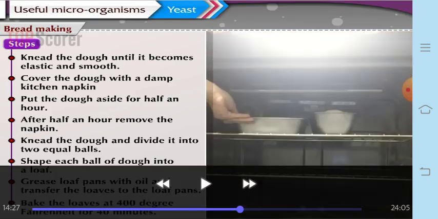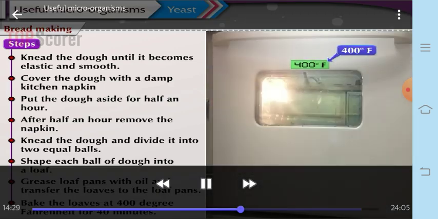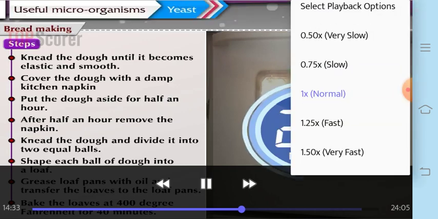Before you transfer, see that you grease the loaf pans with oil, and transfer the loaves to the loaf pans. Afterwards, bake the loaves at around 400 degrees Fahrenheit for around 40 minutes. Okay.